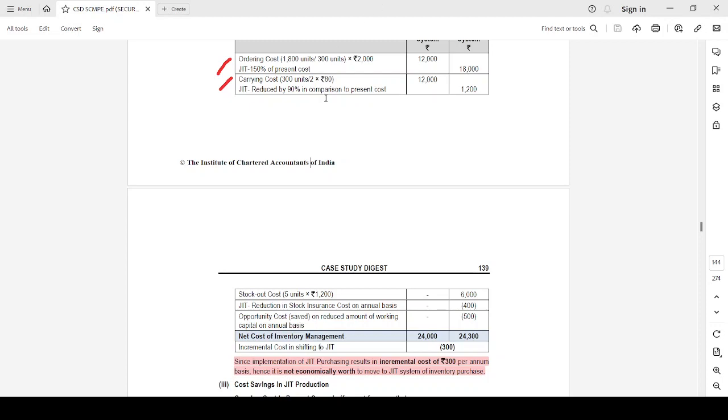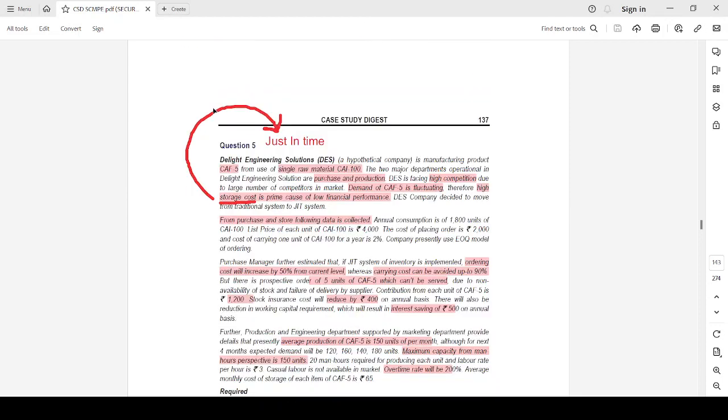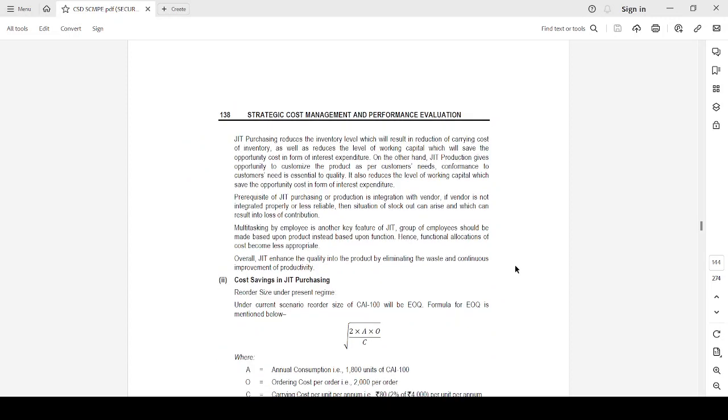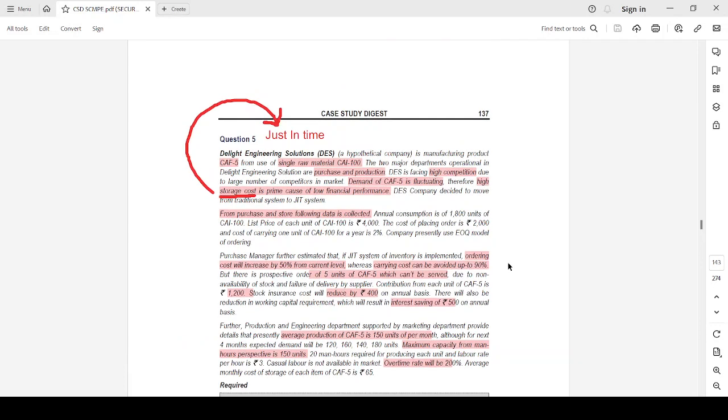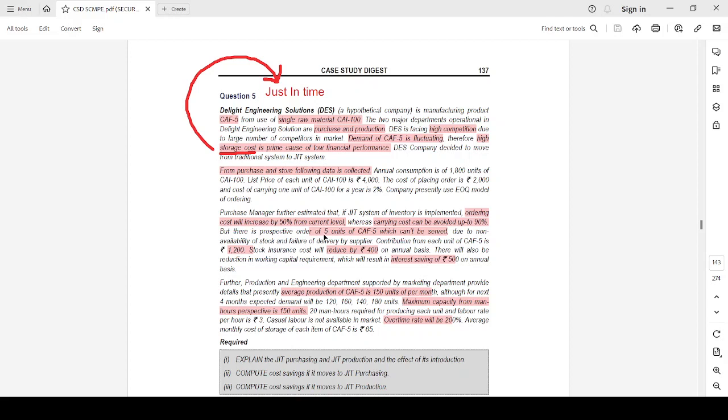Now, if I implement JIT, they say that ordering cost will increase by 50%, while carrying cost can be avoided up to 90%. Which means here 12,000 into 150% is 18,000, and 12,000 into 10% is 1,200. Then I have a stock out cost of 5 units and contribution per unit is 1,200.